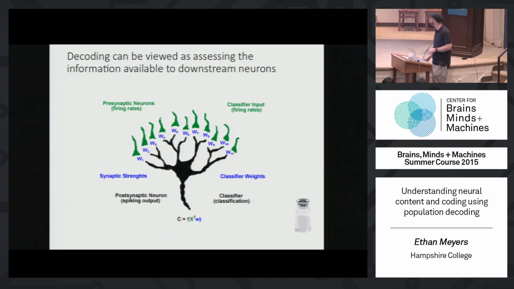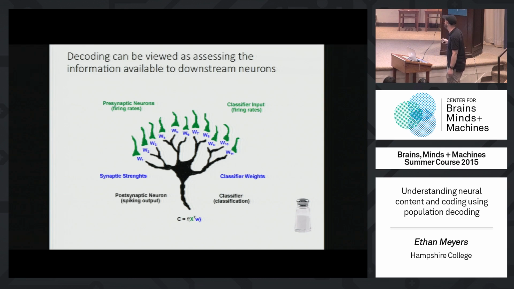The reason we often use fairly simple classifiers, such as the maximum correlation coefficient classifier, is because, or at least one motivation is because, it can be translated into what information is directly available to a downstream population that is reading the information in the population you have recordings from.